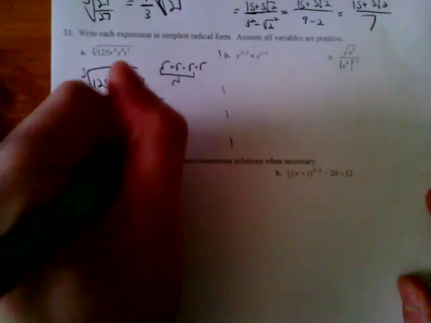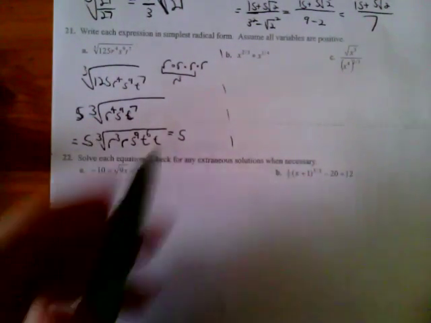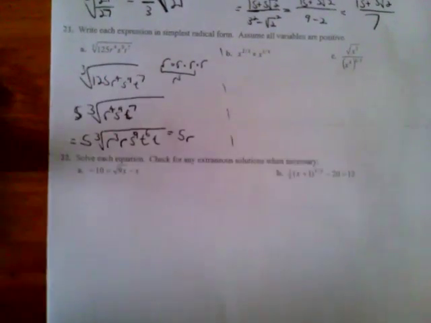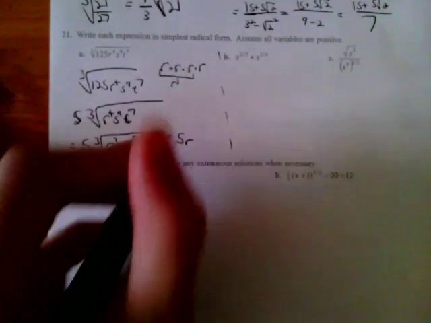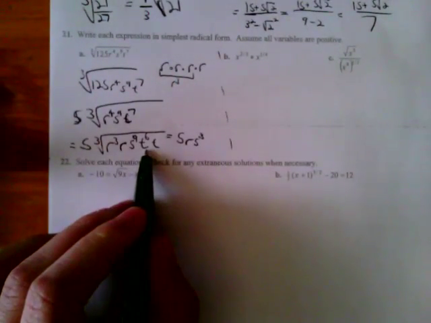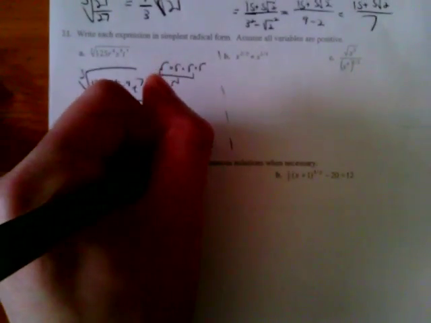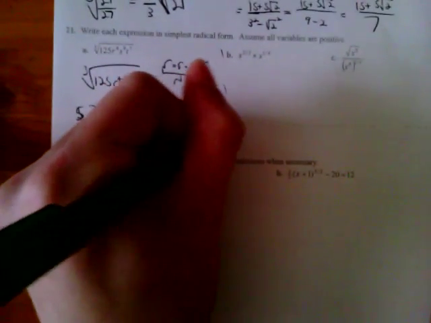So you get 5 times r coming out, s to the third, and t to the sixth going out as t squared. Whatever's left over is left behind, the cube root of rt. And that's how you do that one.